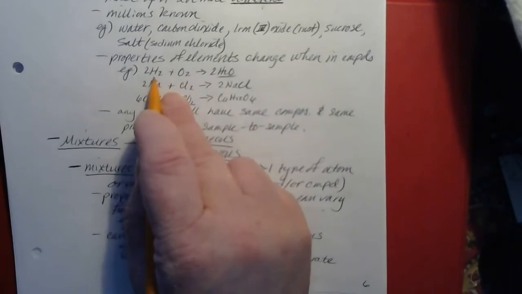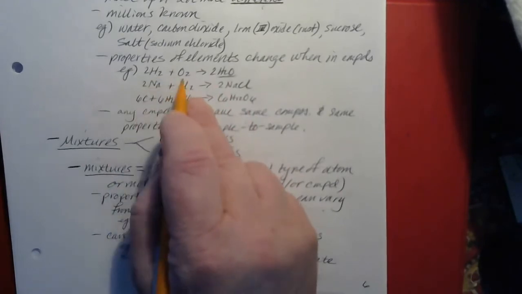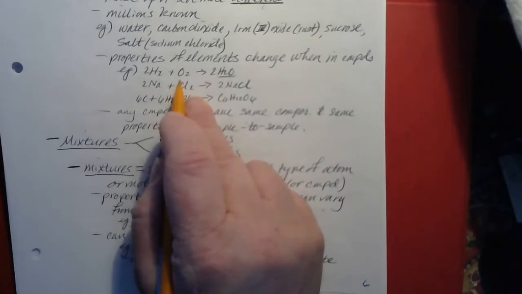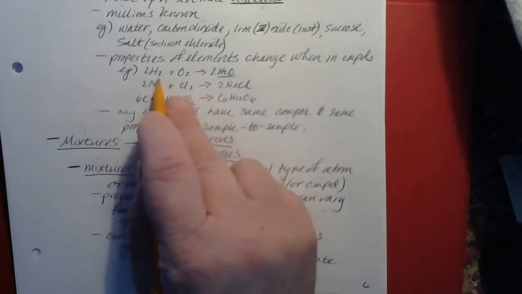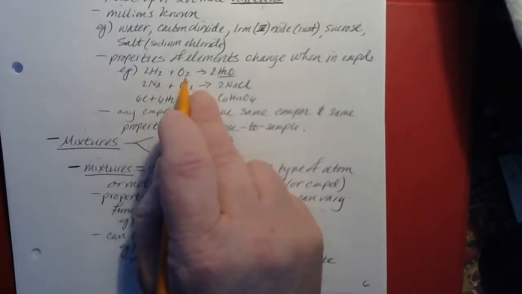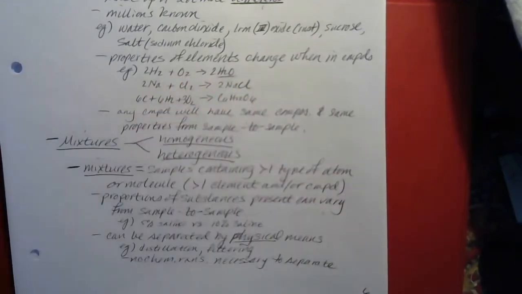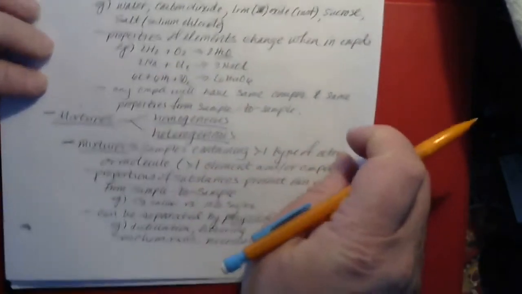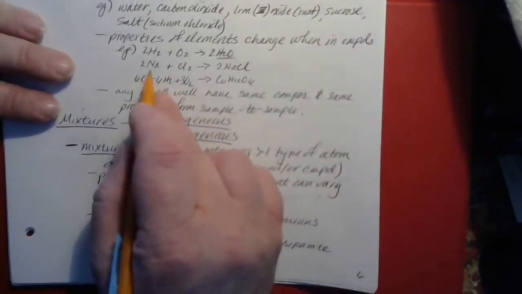Hydrogen is an explosive gas. Oxygen supports combustion or explosion. And when you chemically, not mixing, but when you chemically bond hydrogen and oxygen together, you get a liquid that puts out fires. So that's a big, big change.